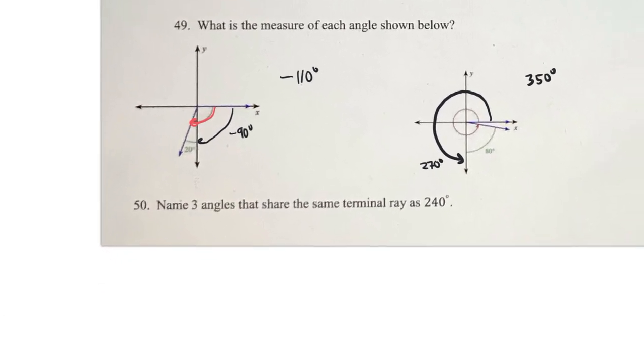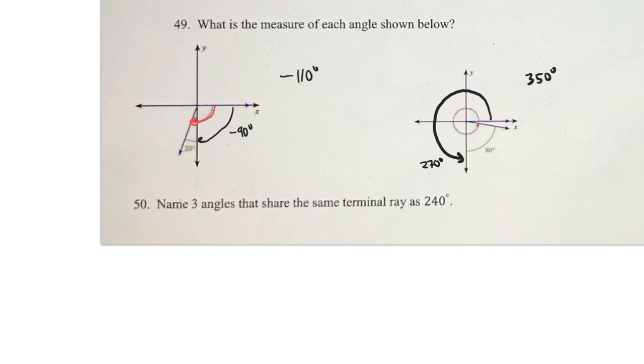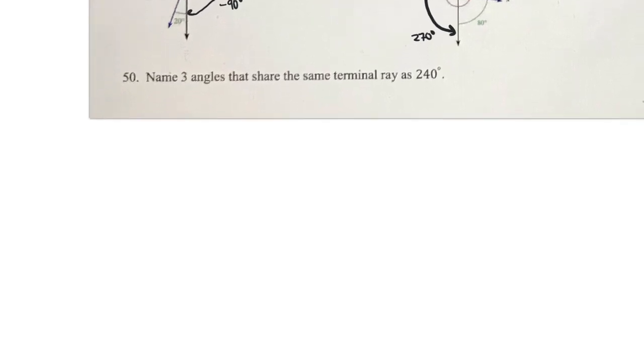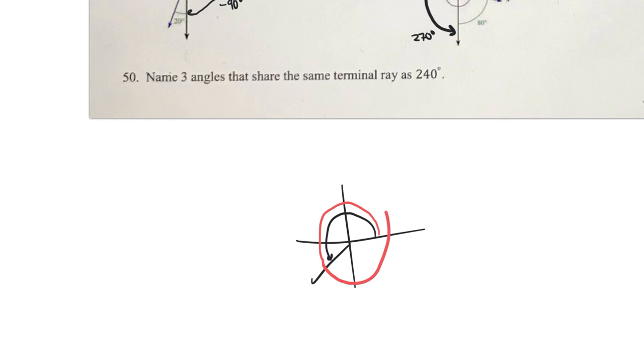Okay. Problem number 50. Name 3 angles that share the same terminal ray as 240. So this actually is going to be pretty easy. I mean, 240 is like right here. And you can imagine another angle where it does that, but then it does a full revolution and lands on top of itself, right?